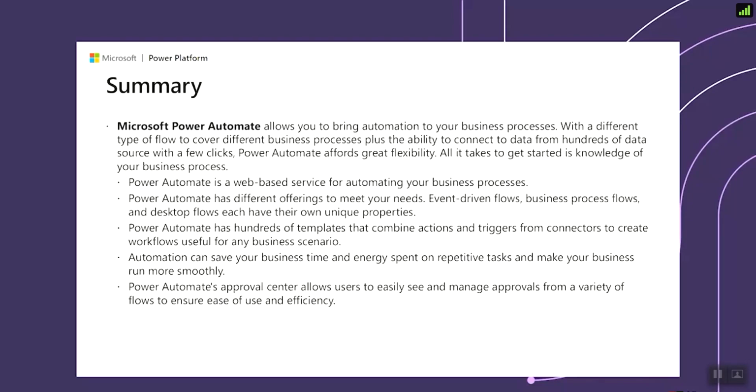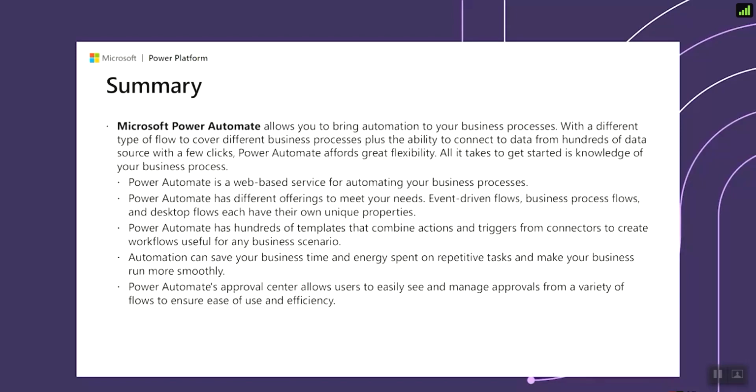Because Power Automate affords great flexibility. All it takes to get started is knowledge of your business process. So to recap, Power Automate is a web-based service for automating your business processes. It has different offerings to meet your needs: event-driven flows, business process flows, and desktop flows. Each has its own unique properties.